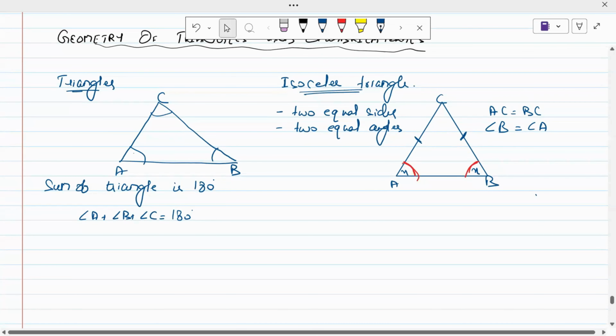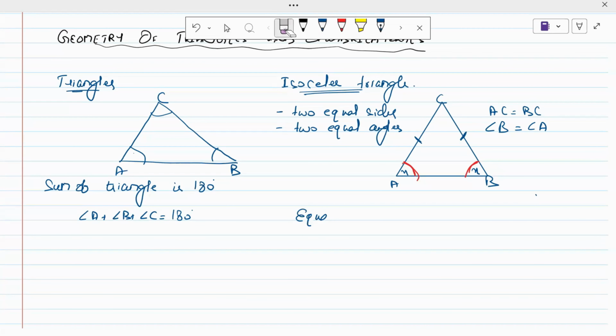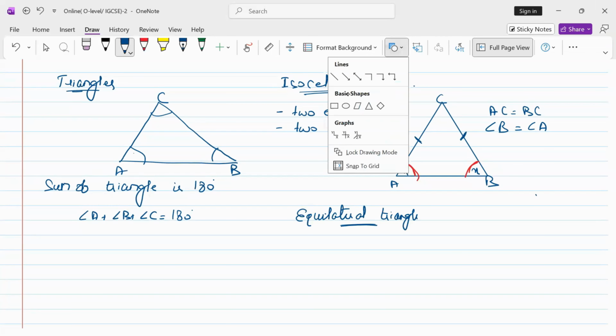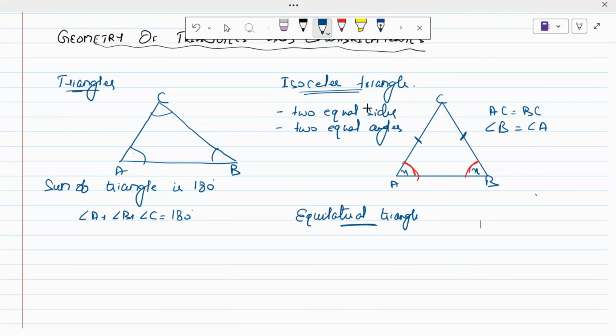Then we have one more special type of triangle, which we call the equilateral triangle. For an equilateral triangle, as we have the word equal being used here, if this is A, B, and C, in an equilateral triangle all three sides are the same.